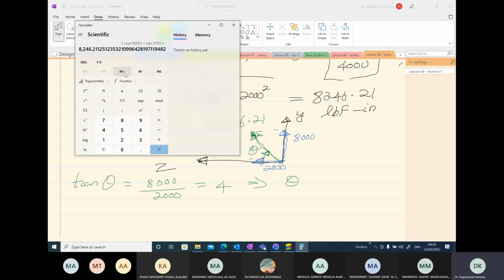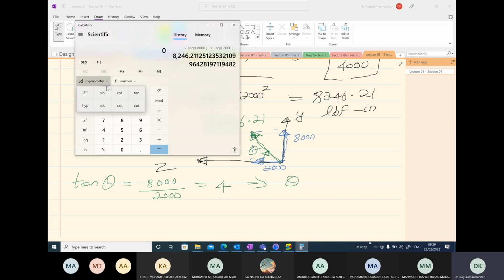So let's use the calculator. Where is the trigonometric function? We have sine, cos, tan here. I want the inverse.